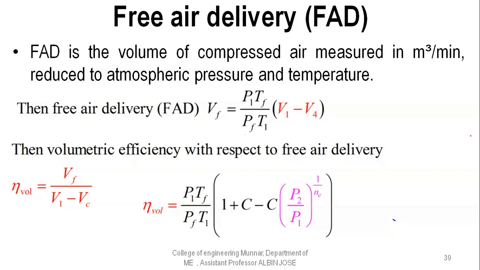We know that V1 minus V4 divided by V1 minus Vc is already derived as 1 plus C minus C into P2 by P1, all raised to 1 by Ne. So we can calculate the volumetric efficiency of the reciprocating compressor if the free air delivery conditions are given. That is, the volumetric efficiency is equal to P1 Tf divided by Pf into T1, into 1 plus C minus C into P2 by P1, all raised to 1 by Ne.